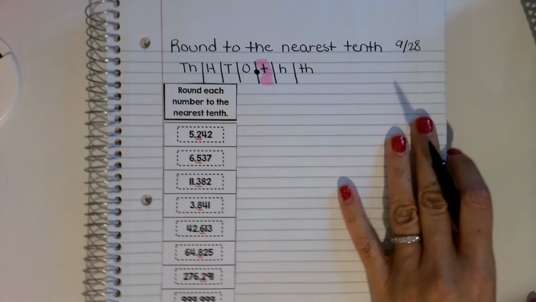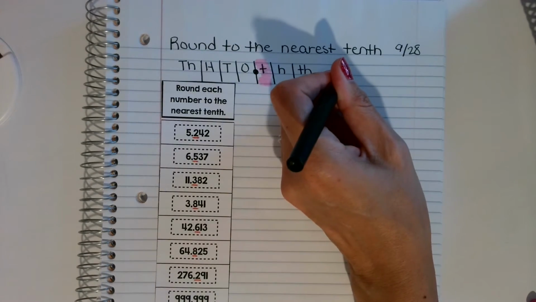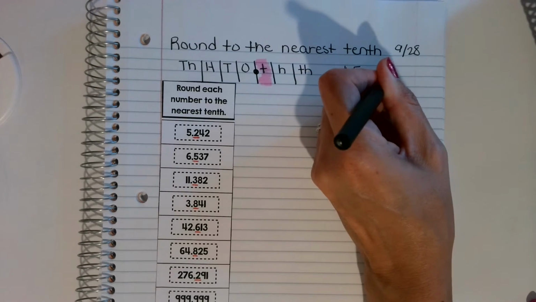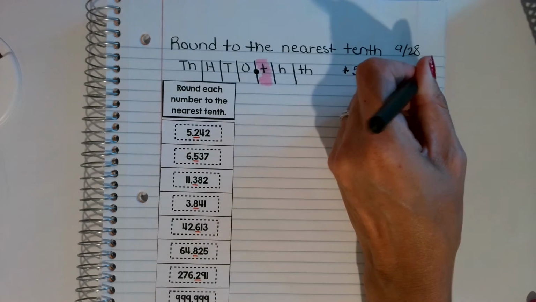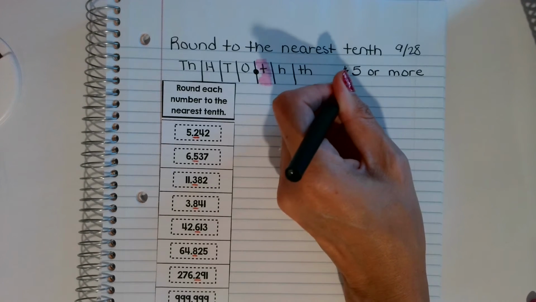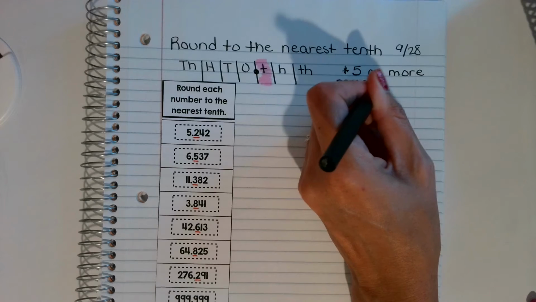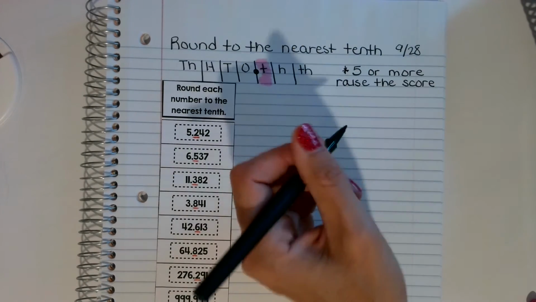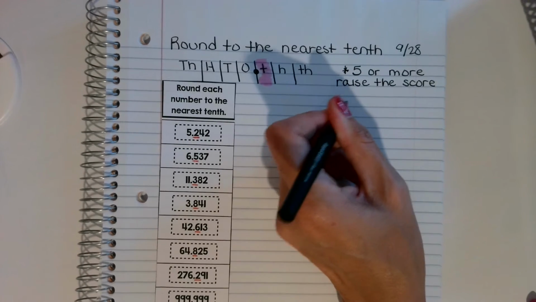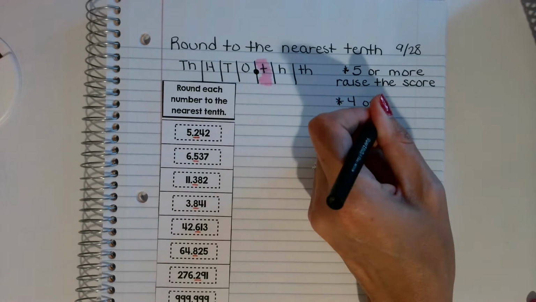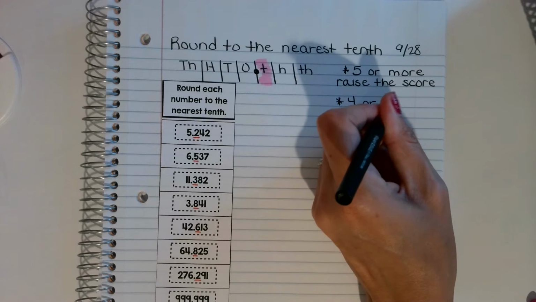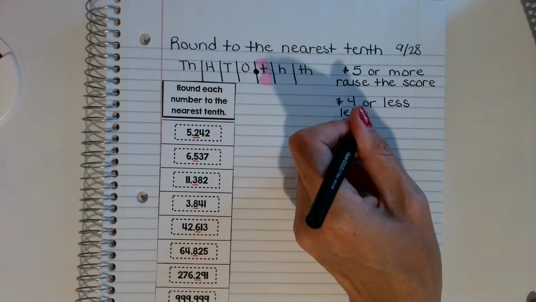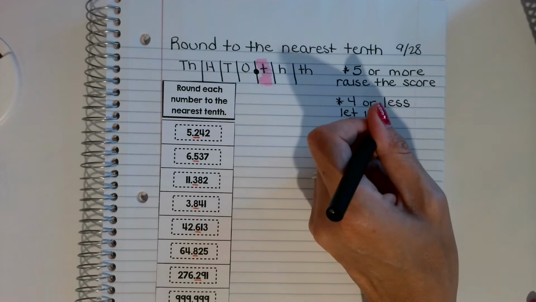So the 2 rules are, if it's 5 or more, raise the score, meaning you're going to add one more. So 4 or less, let it rest, meaning just let it be the number it is, or the digit, I should say.